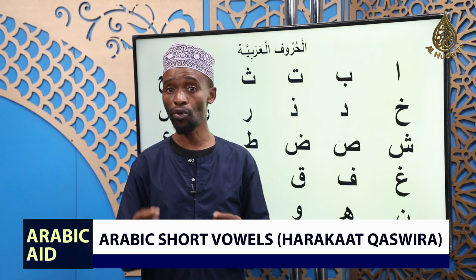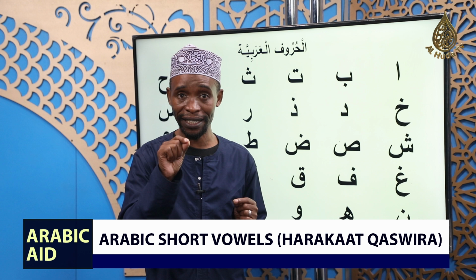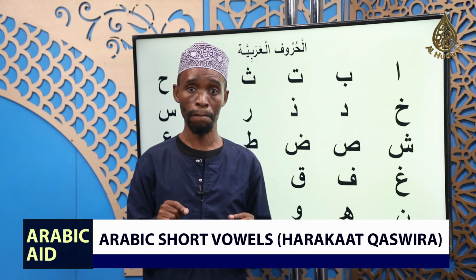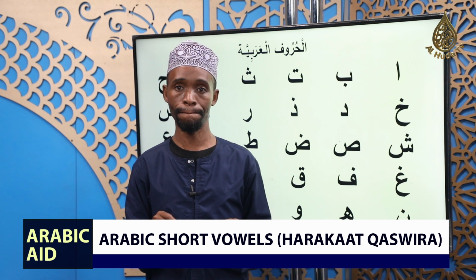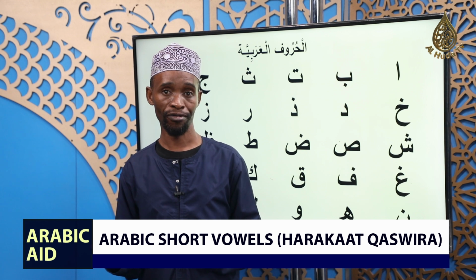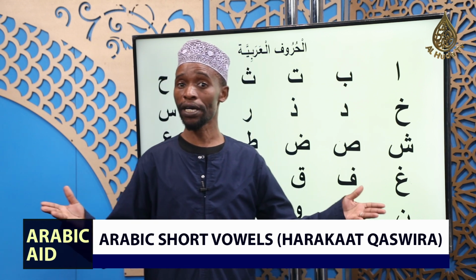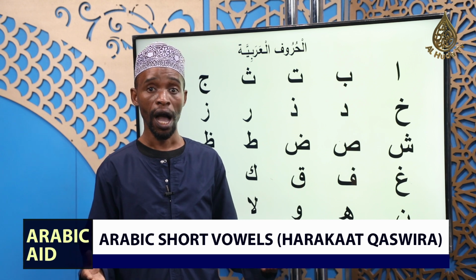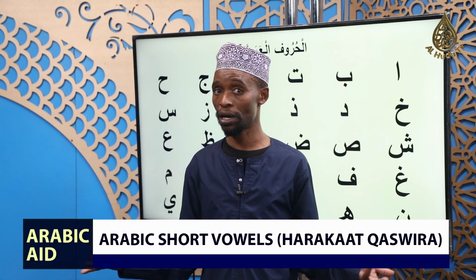First, you have to restrict the airflow on your lips before releasing a short burst of airflow to make the sound Ba. This applies to all Arabic alphabets except Alif, Waw, and Ya. If all Arabic letters are consonants, how do you get to the vowels?